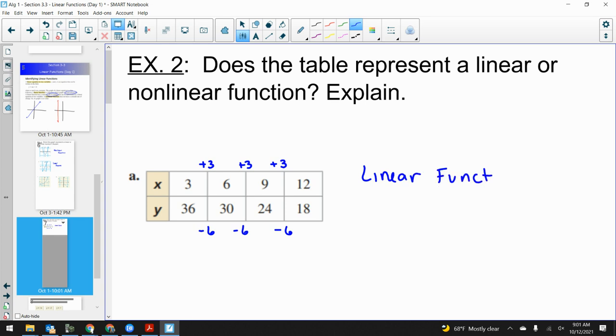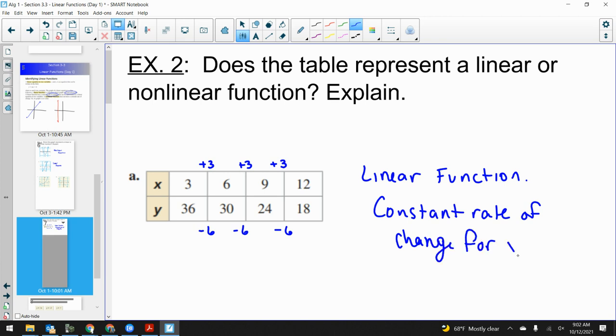Now, for the explain, I do need you to explain. What is the explanation then? The explanation is constant rate of change for both x and y. Constant rate of change for x and y.